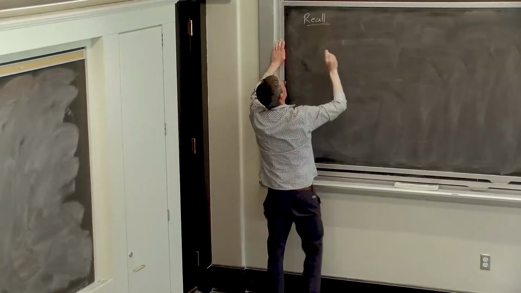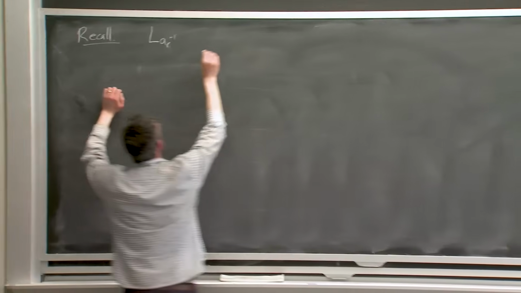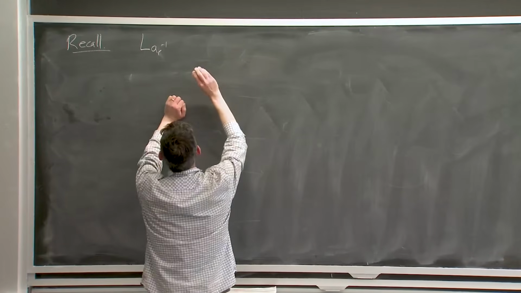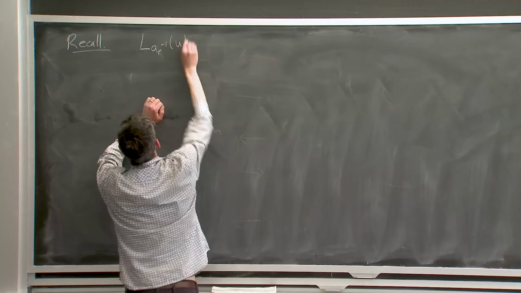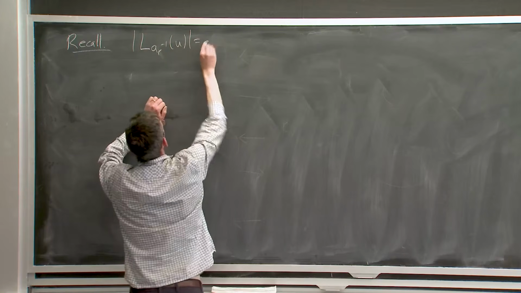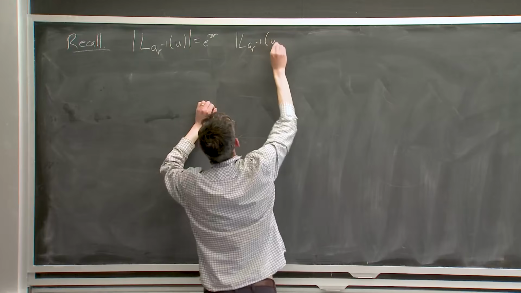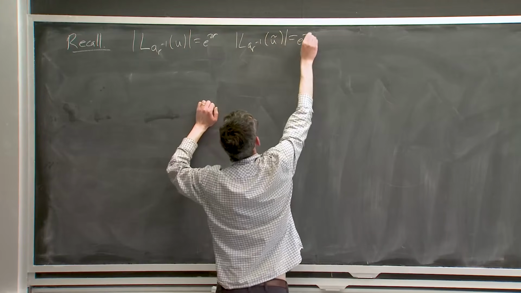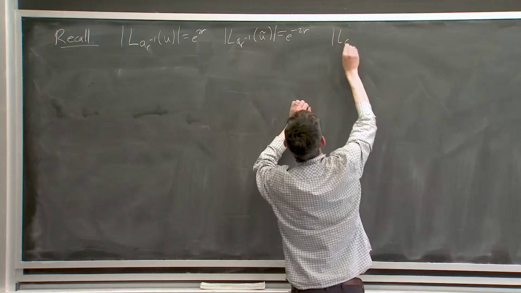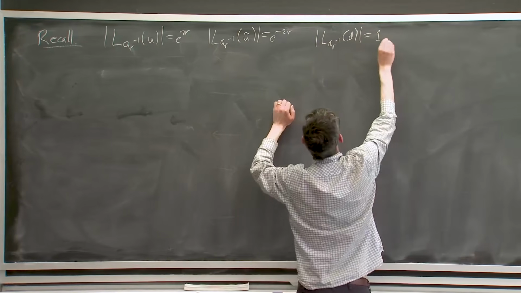So recall, we worked out that the left map by AR inverse, we found its singular values and singular vectors. So in the u direction, the length of this is e to the 2r. And in the u tilde direction, the length is e to the minus 2r. And in the diagonal direction, the length is 1.